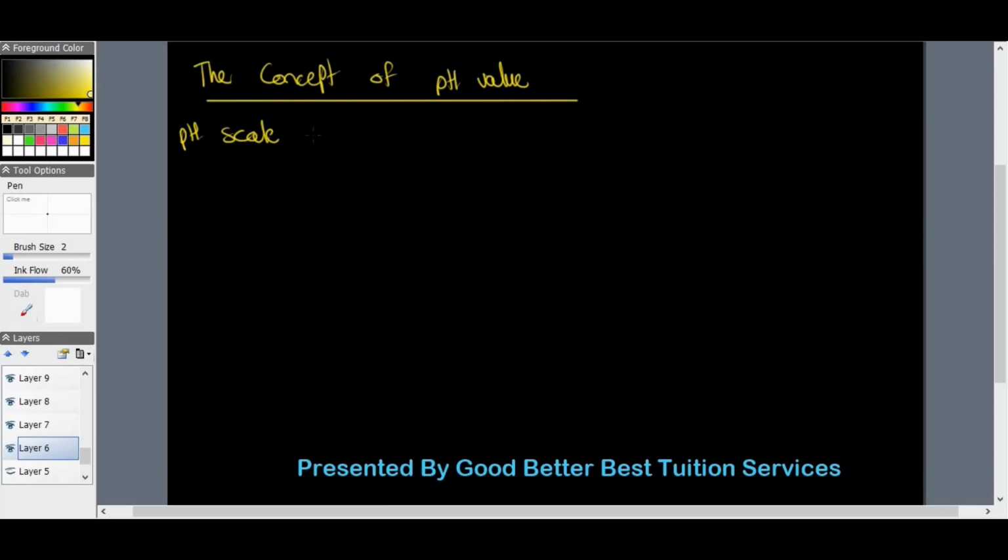Basically, the pH scale is a scale that is used to describe how strong an acidic or a basic substance is. How strong is it?